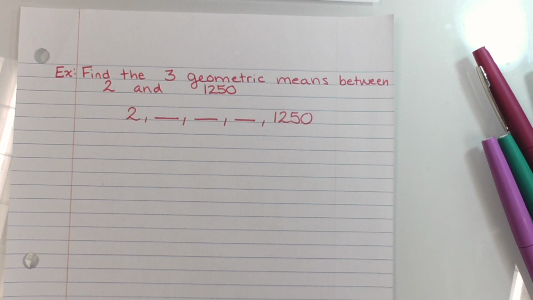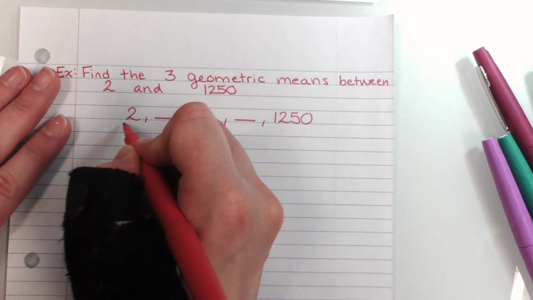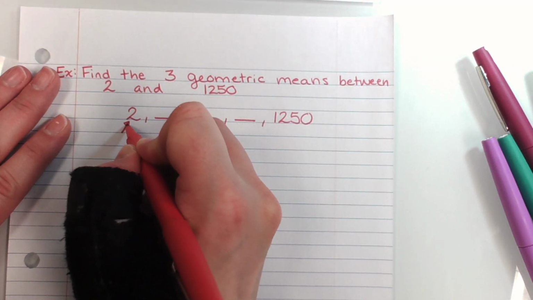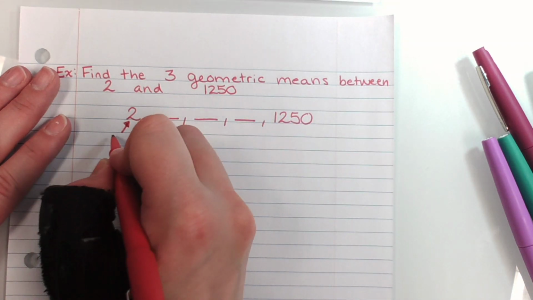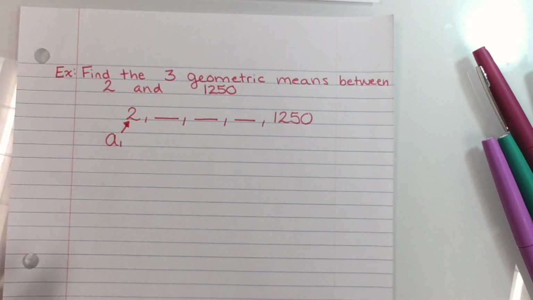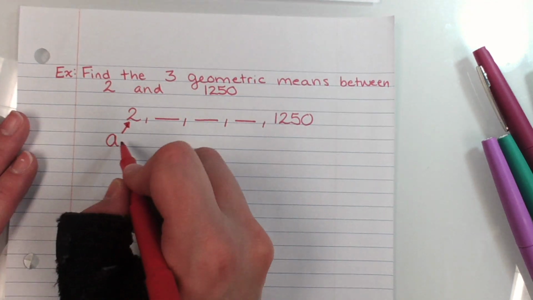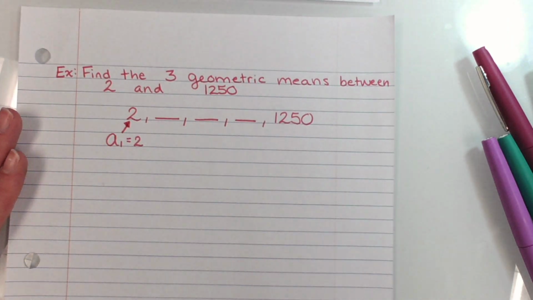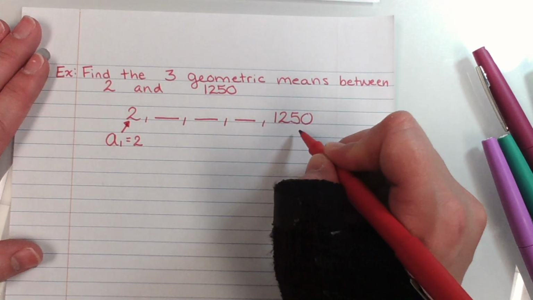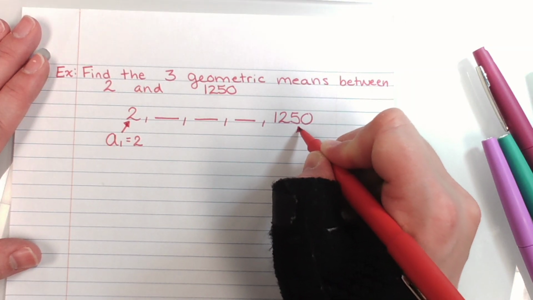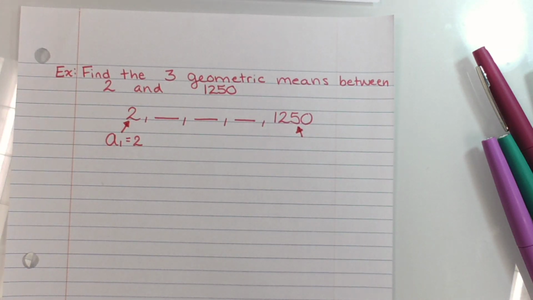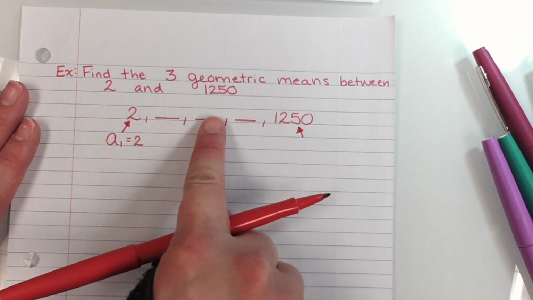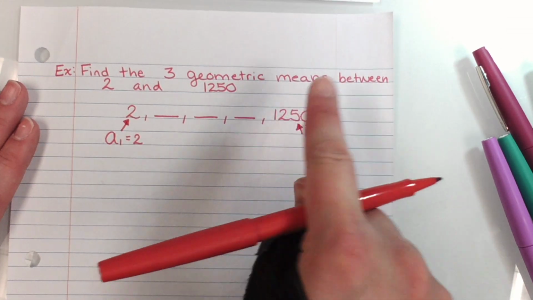We then make some assumptions. We make the assumption that this 2 could be in the first spot of the sequence, therefore being a sub 1. And if that's a sub 1, the 1250 is a sub what? 1, 2, 3, 4, 5.